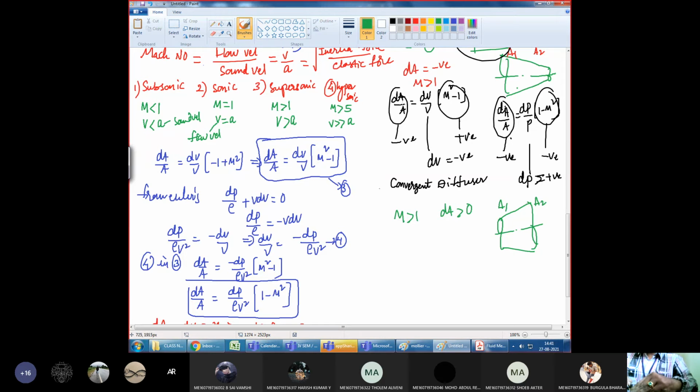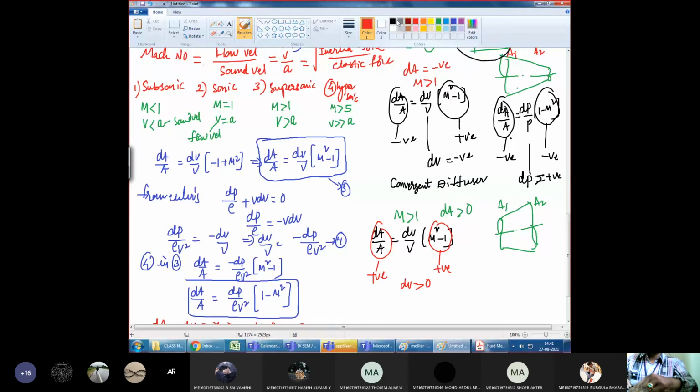If you write dA by A is equal to dV by V into M square minus 1, dA is positive and M is greater than 1, so this is also positive. Therefore, dV is greater than 0.